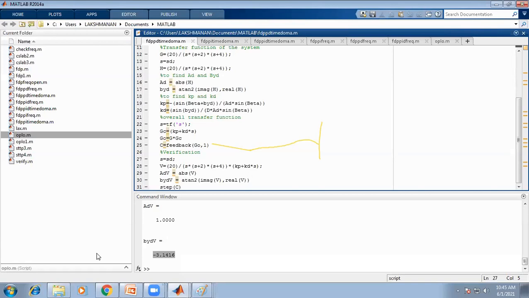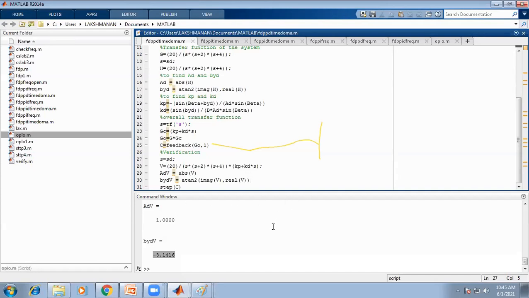then how to verify that design. After getting G naught of S, that is a compensated system, again we can substitute the dominant pole. So we will get a magnitude of 1, angle of minus 180 degree.